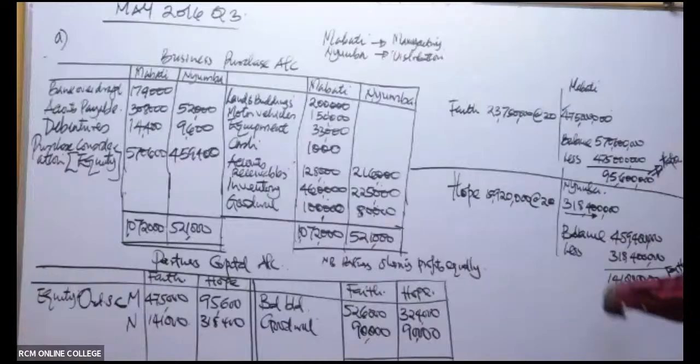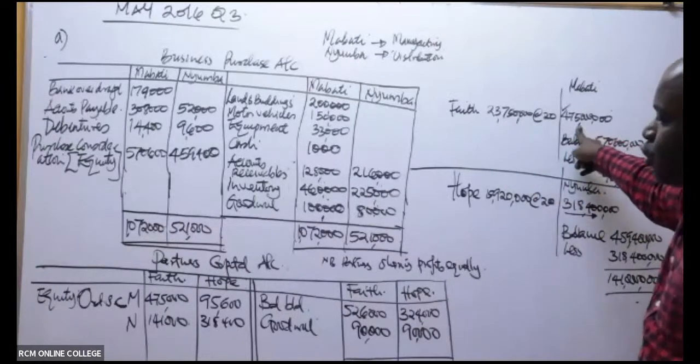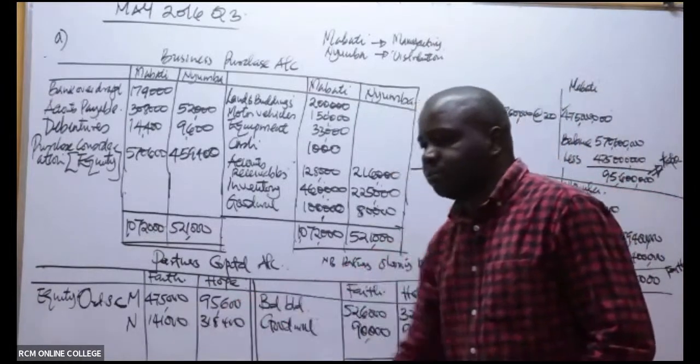So for Mabati, the rest of the balance will end up going to Hope. And for Nyumba, the rest of the balance will end up going to Faith. Being able to transfer, you can see that for Faith, from Mabati, she got 475 million.